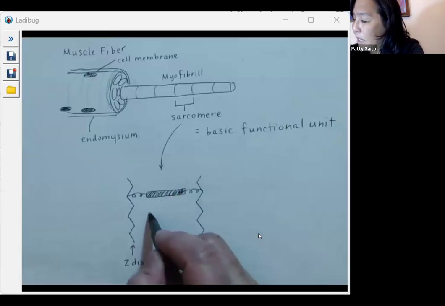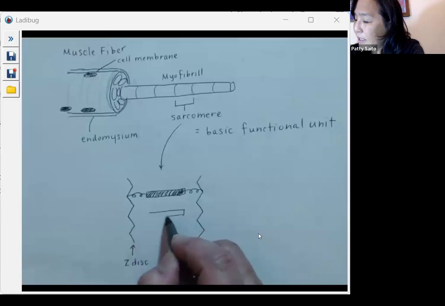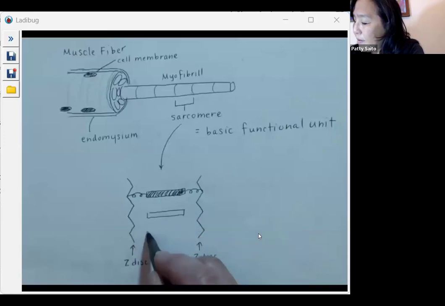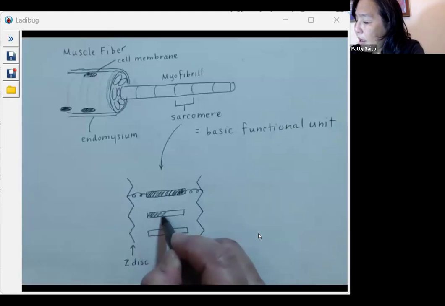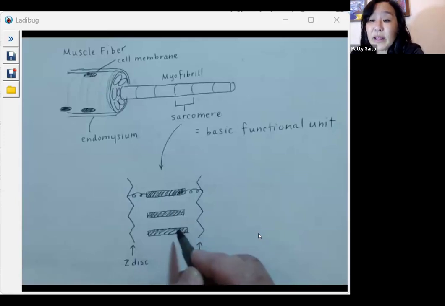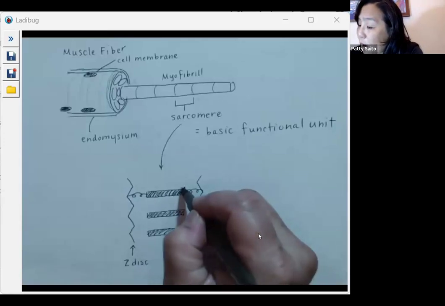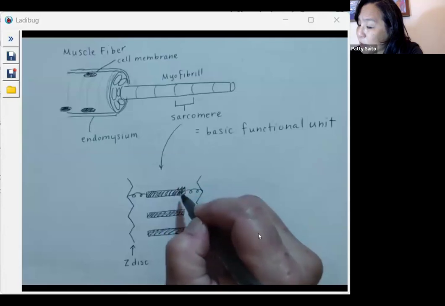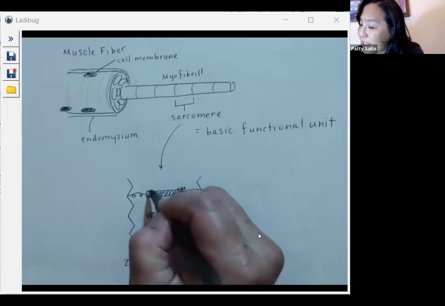And we have these repeated like this. Okay. And within each one of these, or part of it, they have these little structures that stick out like this.